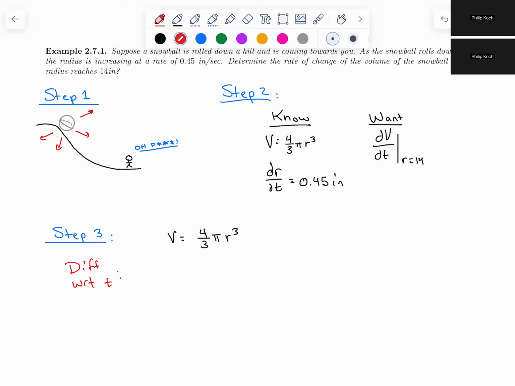So it's going to be d/dt of the left-hand side equals d/dt of the right-hand side. So d/dt of V is equal to d/dt of 4/3 pi r cubed. The derivative of V with respect to t is dV/dt.